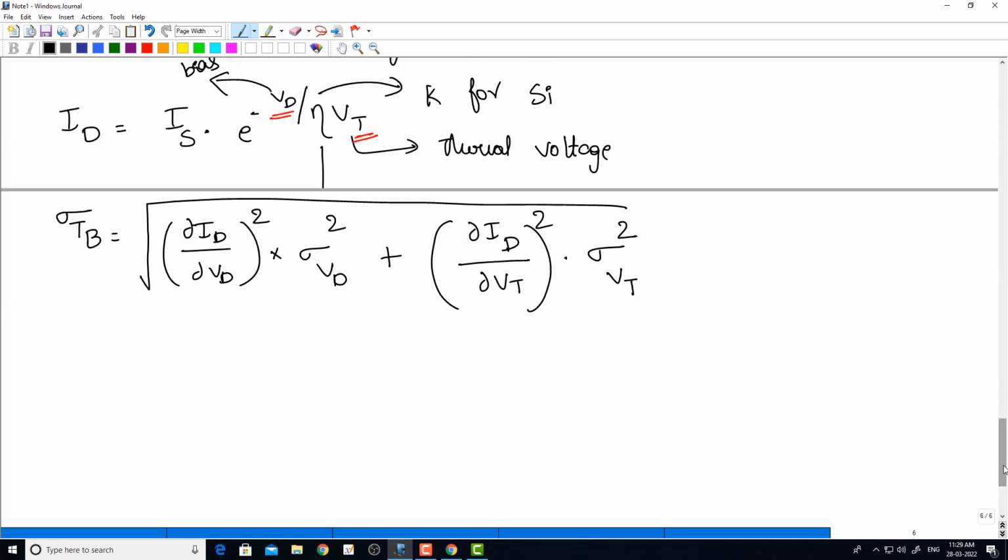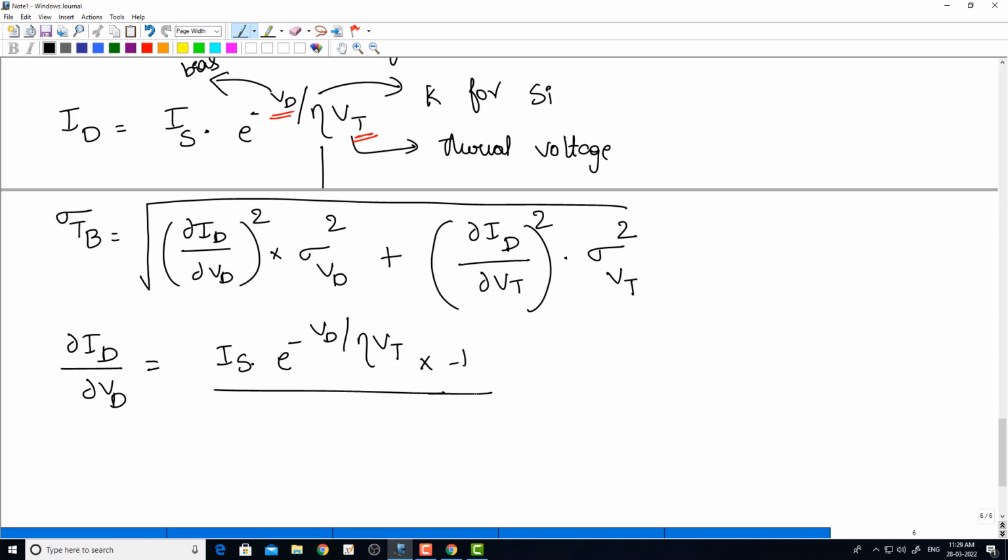So we should calculate the partial derivatives. Dou Id by dou Vd is equal to Is into e to the power of Vd by eta Vt into 1 by eta Vt.